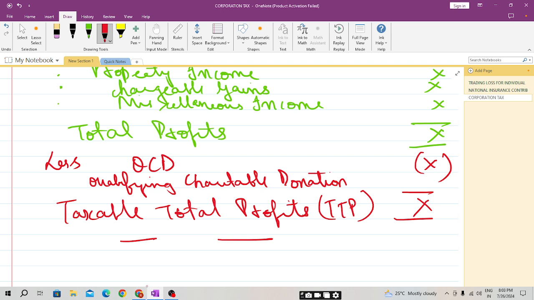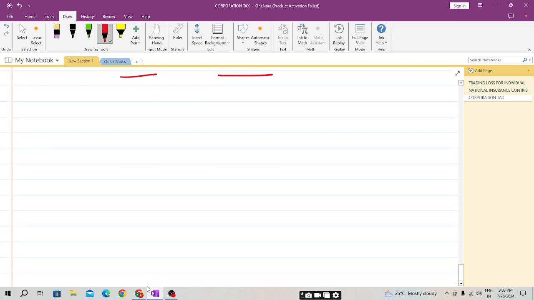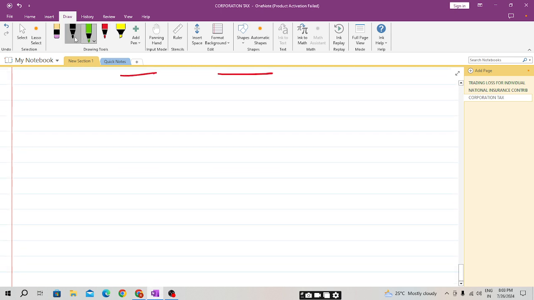Now students, we will make some summary notes of this. Now coming to corporation tax liability.